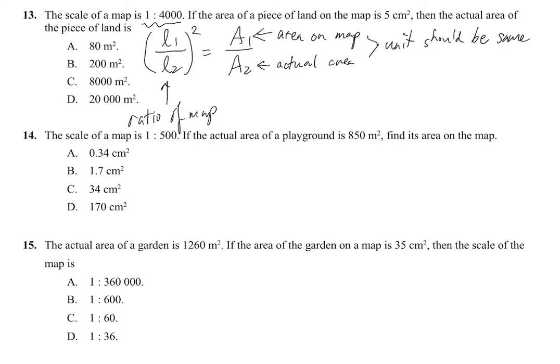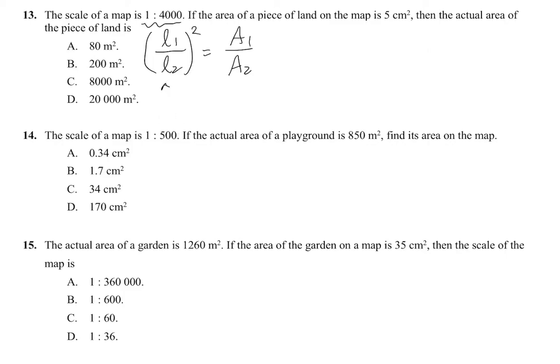All right, so let's do the first question. First of all, the ratio is given as (1/4,000)², and in this case the area on the map is given, so A1 is given, 5.